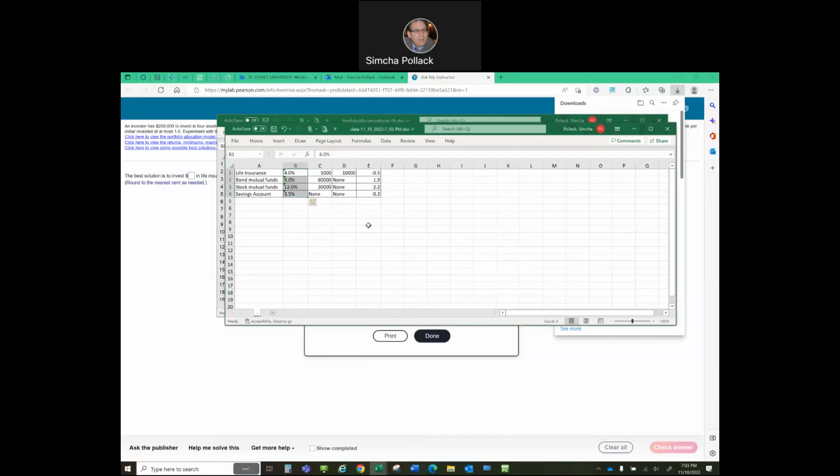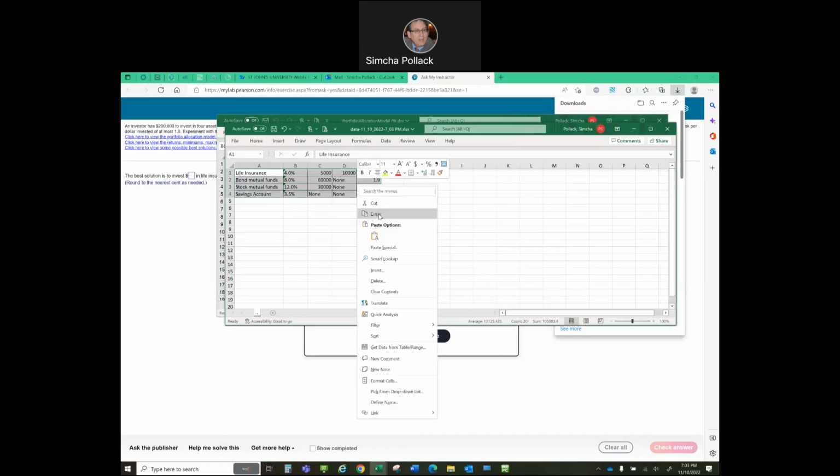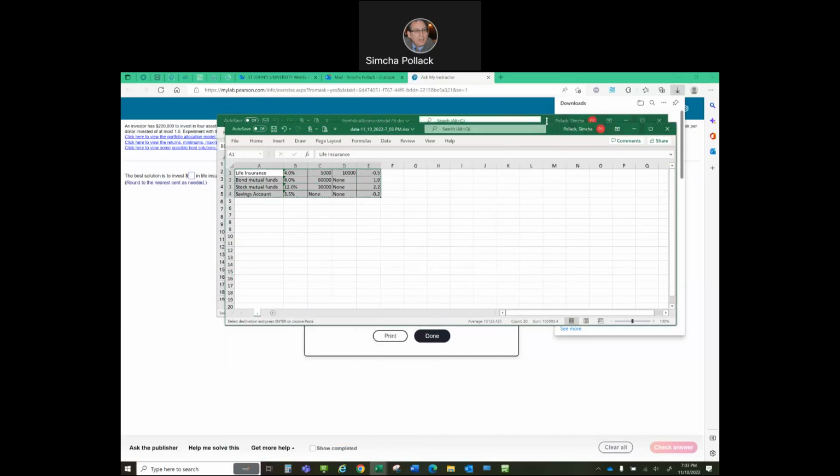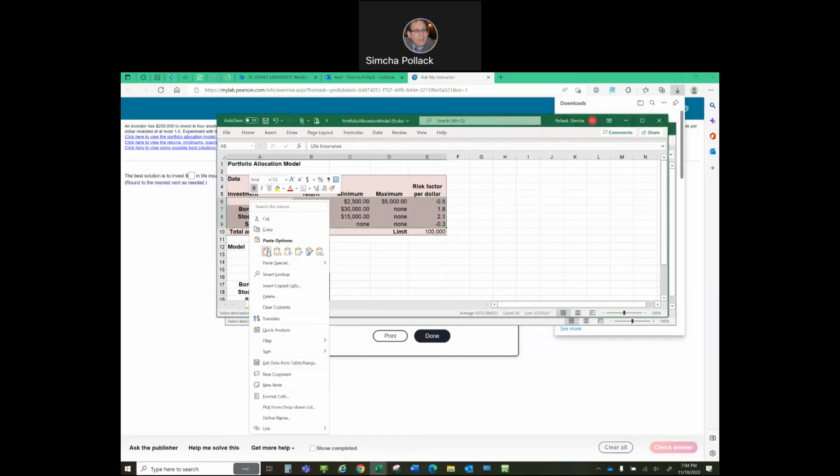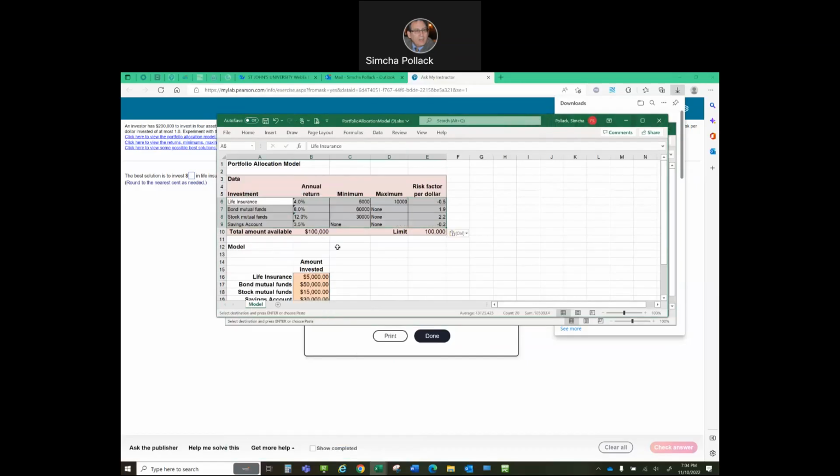Now they're percentages. Now you can take this piece here, copy it, and bring it to the spreadsheet that we were given. In general, these are the relevant numbers, I believe. You can copy it into this box here, paste, and we have that amount there.